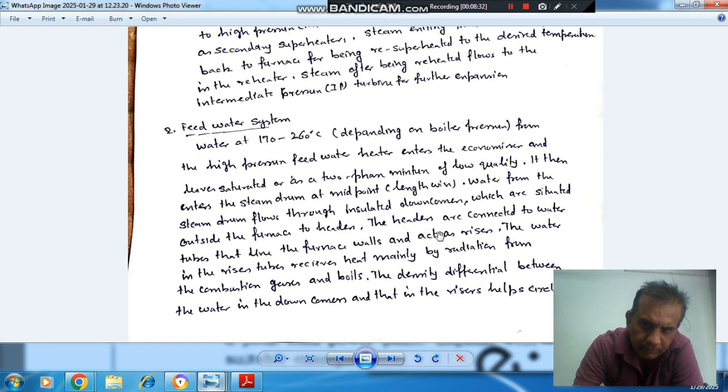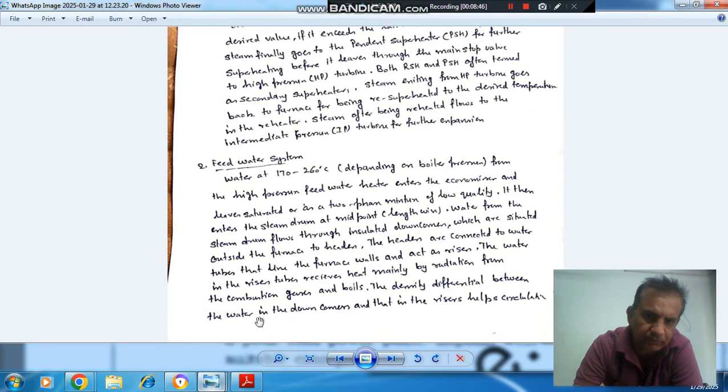Headers are connected to water tubes that line the furnace wall and act as risers. The water in the riser tubes receives heat mainly by radiation from combustion gases and boils. The density differential between water in the downcomer and that in the riser helps circulation. So this is the explanation of the feed water system.